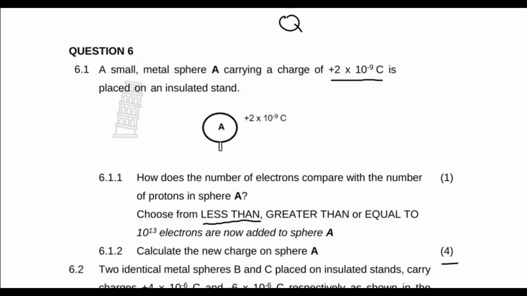The charge quantization equation says Q equals N times e, where N is the number of electrons, which you are given, and e is the charge on a single electron. That value is a constant as well. If you check at the back of your question paper, it's 1.6 multiplied by 10 raised to the power of minus 19 coulombs. You can always double check just to make sure what you are given.